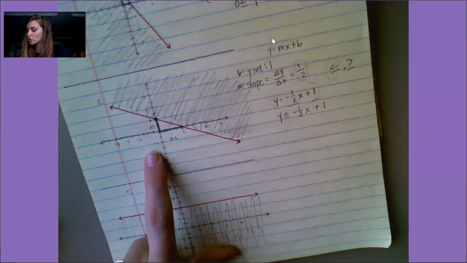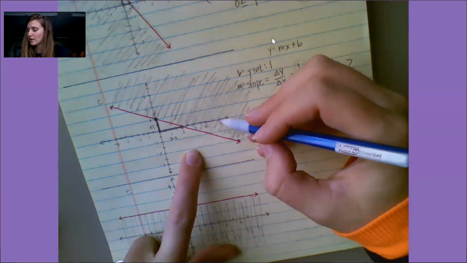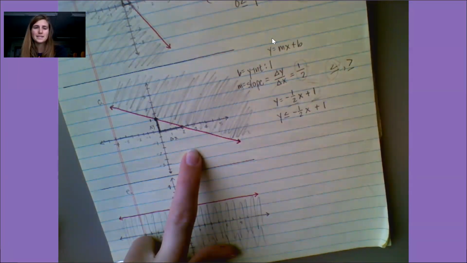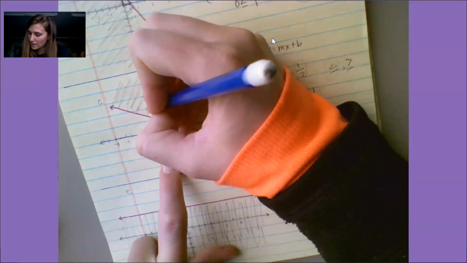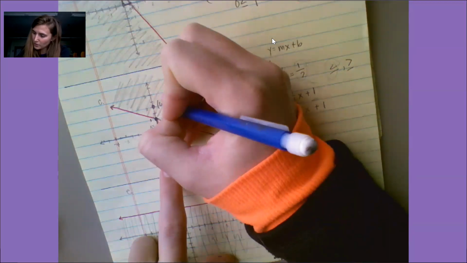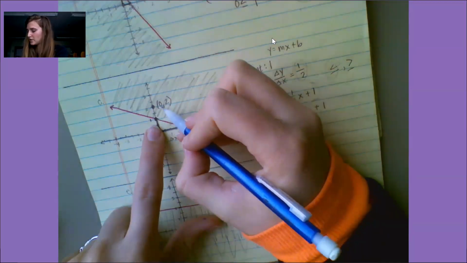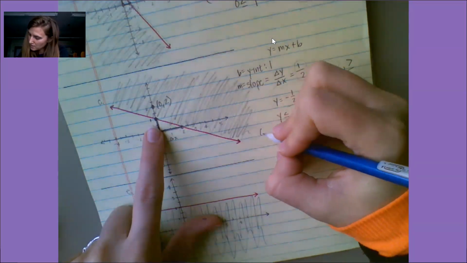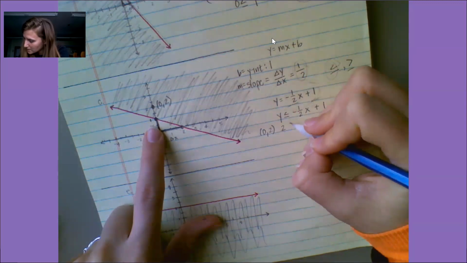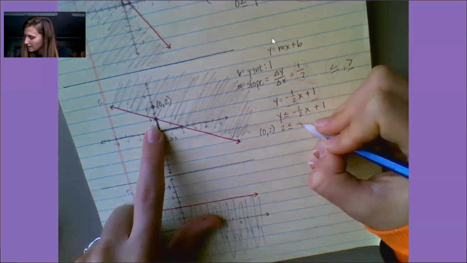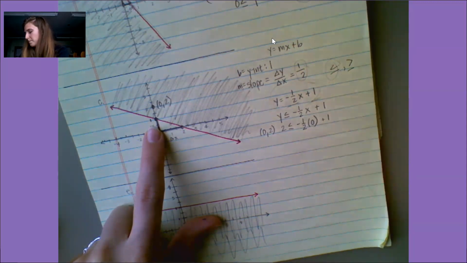And I'm going to choose a point over here in the shaded half plane and plug that point into the inequality to see if it's true or false. So I'm going to pick this point right here, that's 0, 2, and plug that in. I plug in 0 for x and 2 for y, which would give me 2 is less than or equal to negative 1/2 times 0 plus 1.